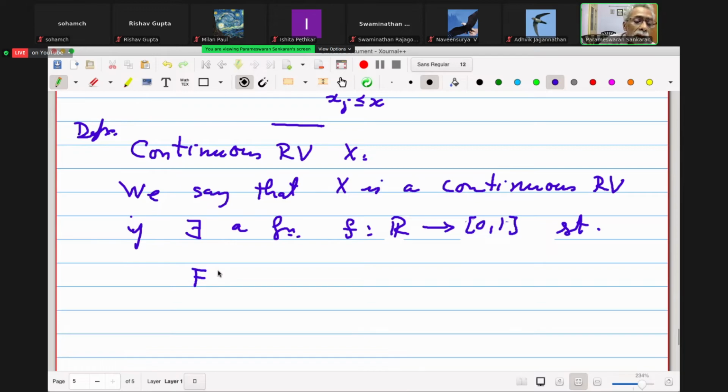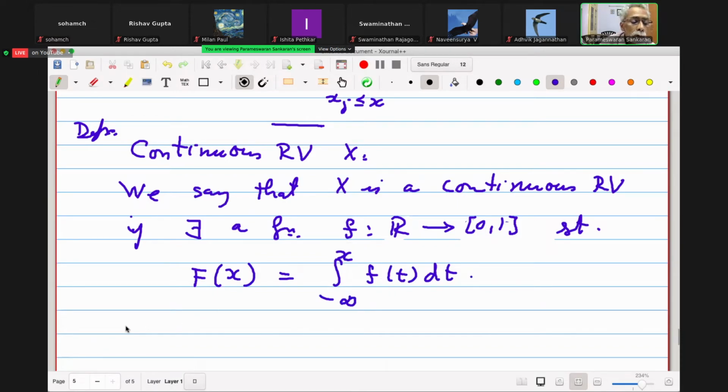Okay. F of x is equal to the integral from minus infinity to x of f(t) dt. Now, this must make sense. And we don't assume that f is continuous.